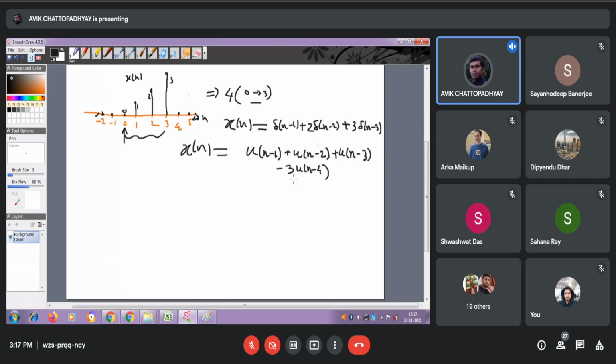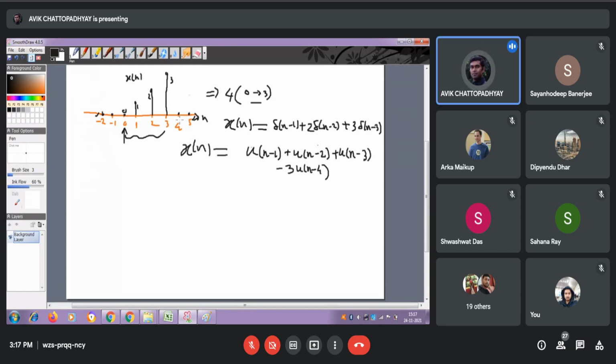And when you are subtracting from n equals 4, they cancel each other. Now, does everyone agree with this? Is it correct? Yes, sir.